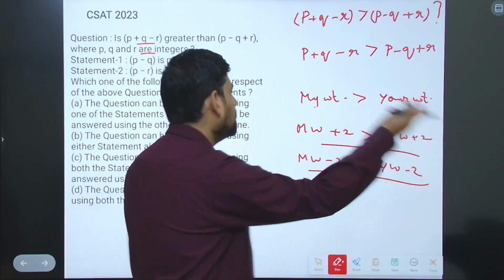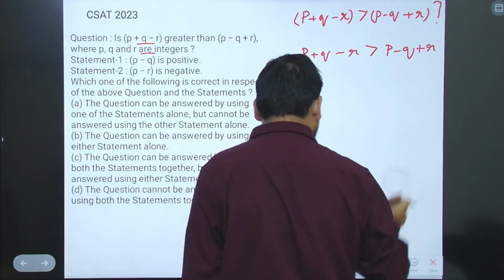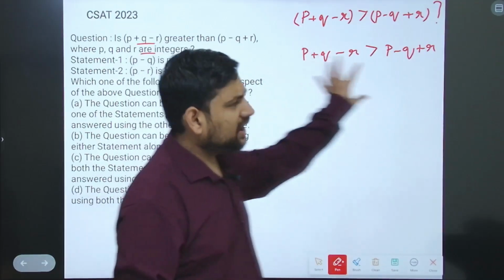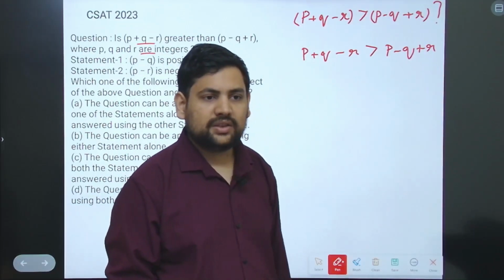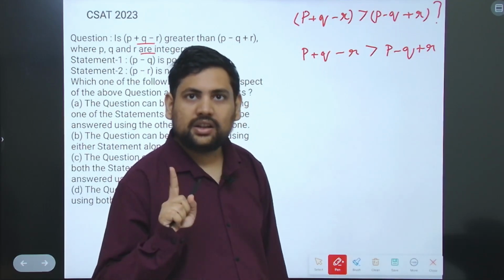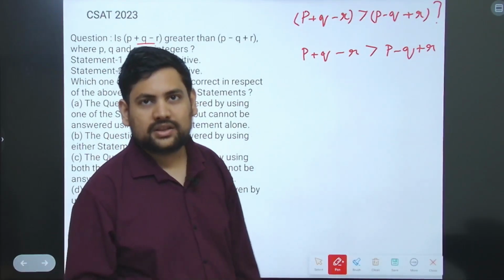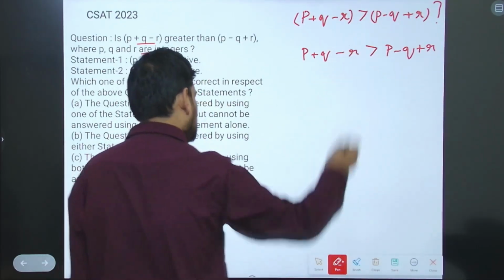Understood? Now once you get this, now see. If there is something that is the same on both sides of the inequality, we can directly cancel it out because it is not impacting the inequality. Or you can say I subtract P from both sides. Look at it like that.